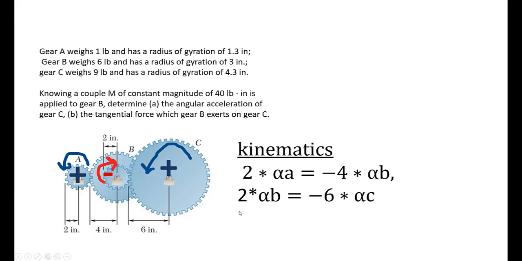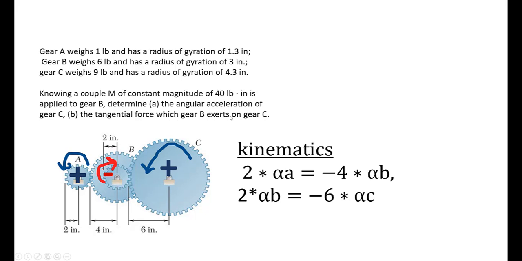How many unknowns do we have here? So we need to know the angular acceleration of the gears. To know one gear is to know all of them. So that's going to be 1, 2, 3 unknowns, alpha A, alpha B, and alpha C. And then we also need to know the forces between the gears.